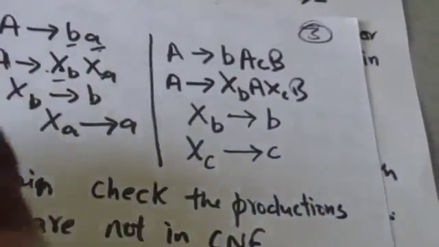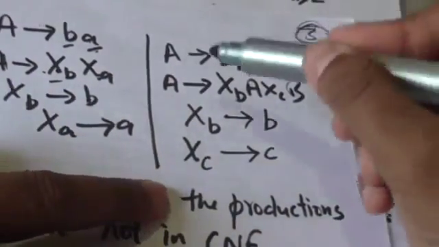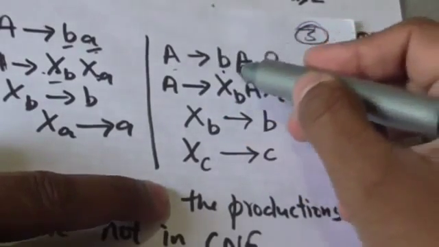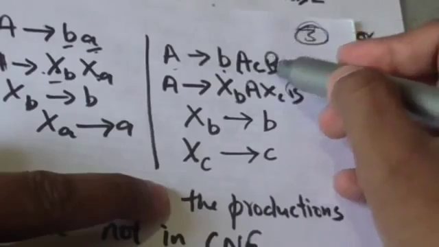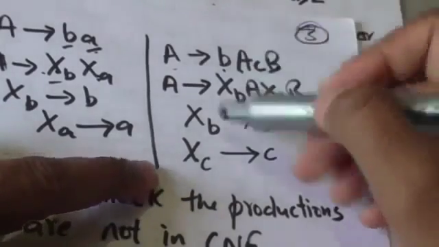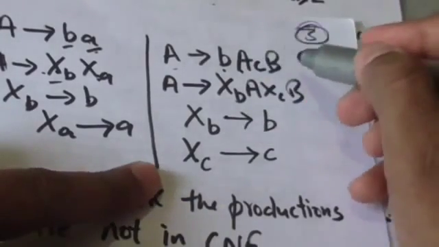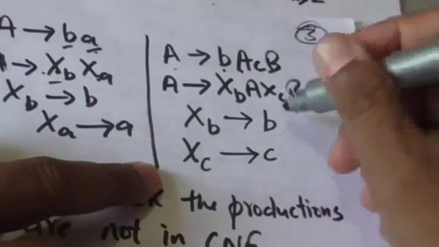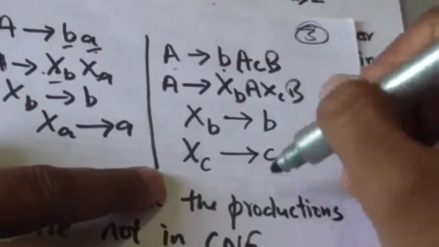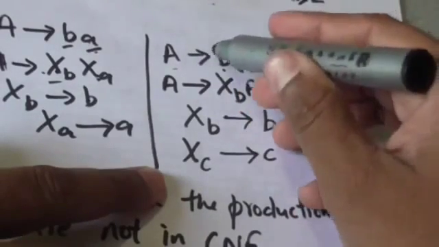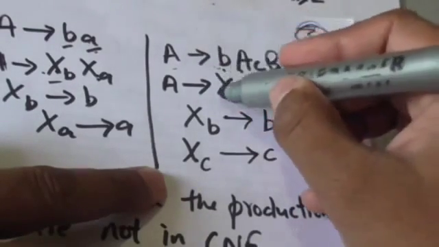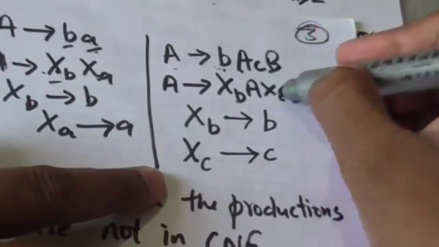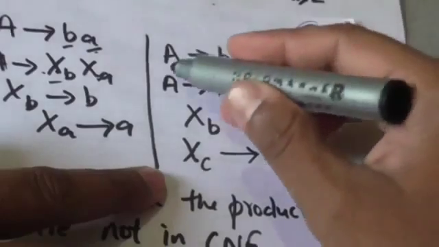Now see another example. Suppose this is a production A derives bACB in grammar G, which is not in CNF. Right? Now what we have to do? Replace this terminal b by variable Xb. Replace this terminal c by Xc. Right?